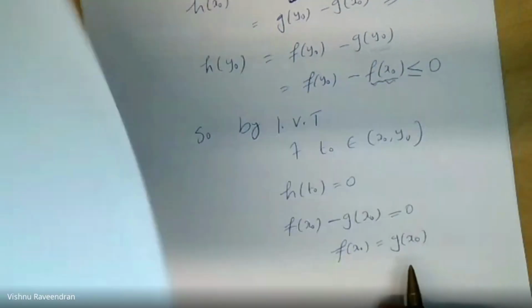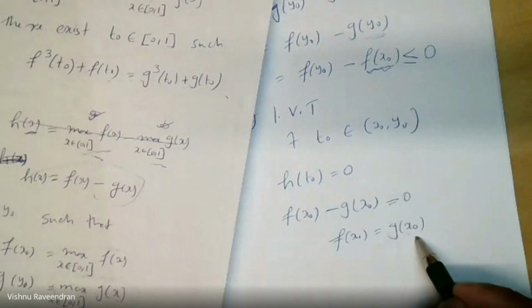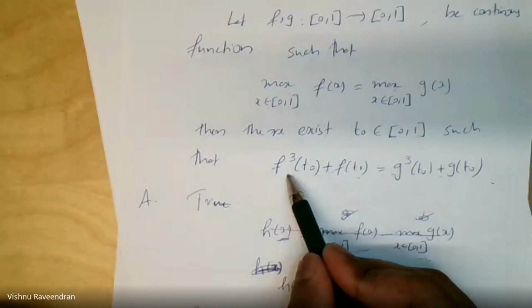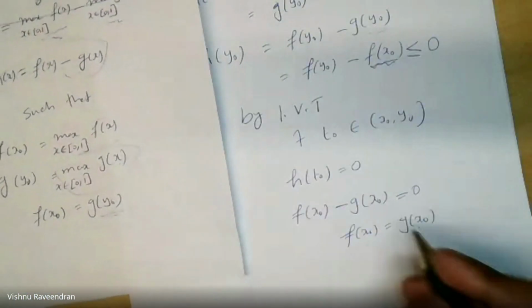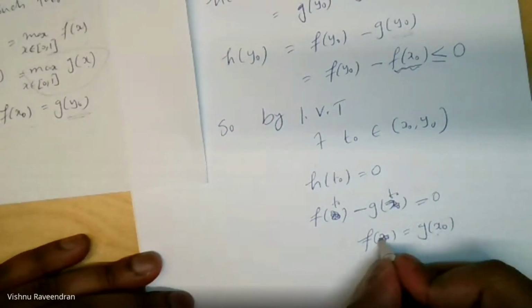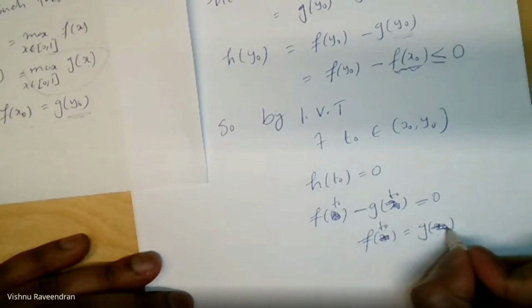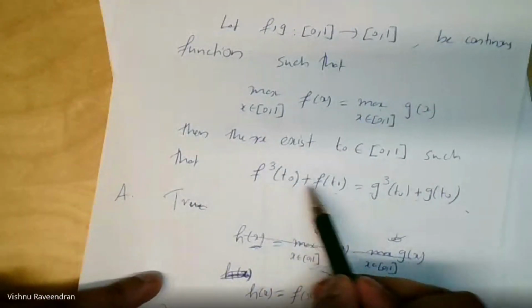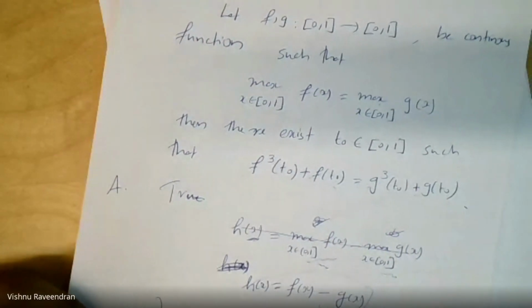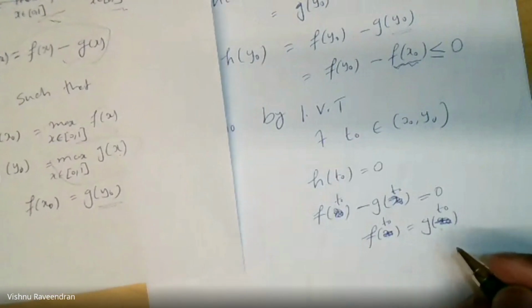Now, if you have this, then it will also imply that, at t naught, f cube t naught plus f of t naught will be equal to g cube t naught plus g of t naught. So the statement is true.